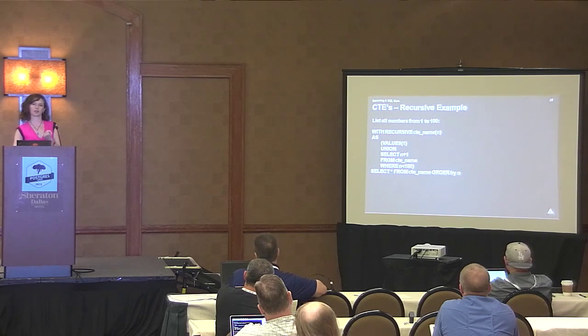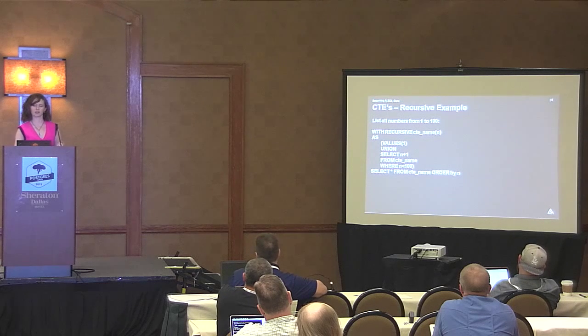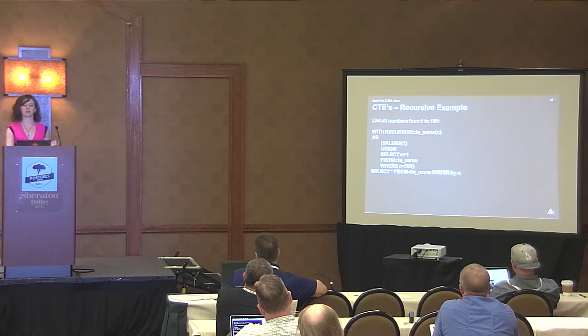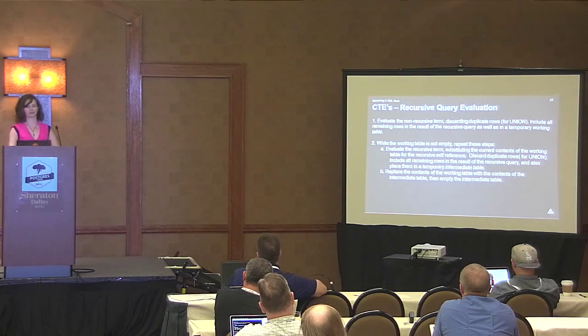We're storing it essentially in memory, and we'll go over this in the next slide, where n is less than 100. And then we're selecting from our CTE name and ordering by n. I didn't post this output because it's literally a list of numbers 1 through 100. My screen isn't that long.